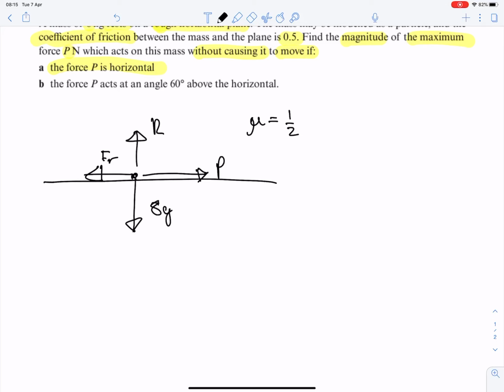Well, it's a horizontal plane, so in a standard situation we resolve parallel and perpendicular to the plane. So resolve parallel to the plane. P minus the friction is equal to 0 since equilibrium. It's on the point of slipping.